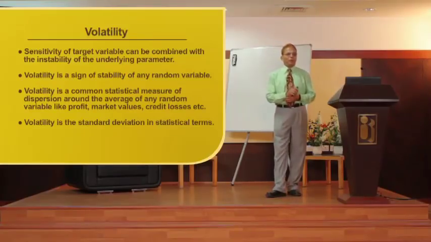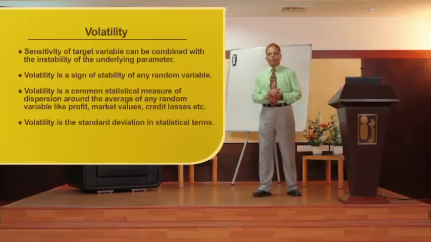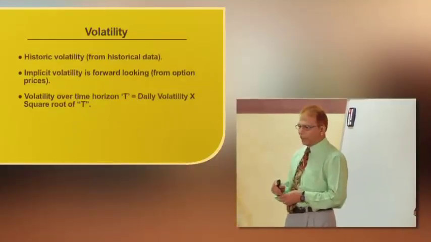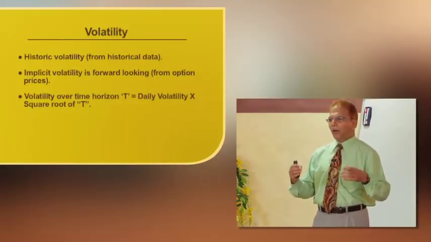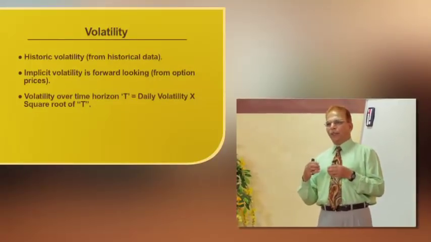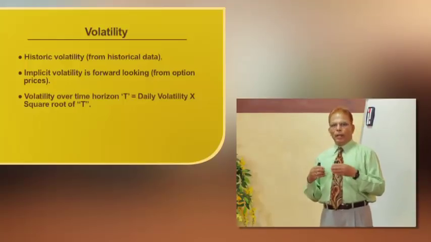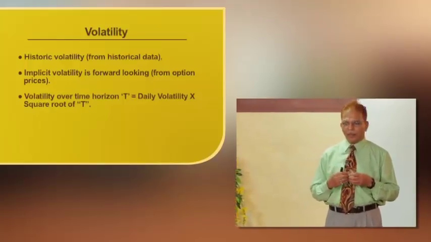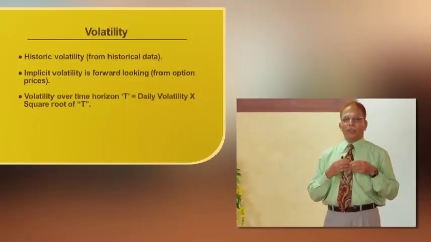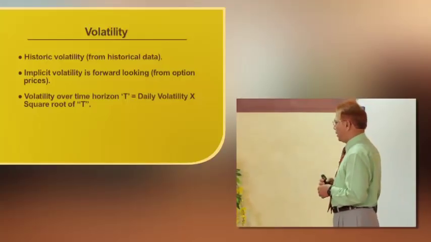There are two types of volatility. How do you measure volatility? We can measure volatility based on the historical experience. Suppose I have a record of all the profits out of a particular portfolio, and if I measure those returns on a daily basis, I can find out the historical volatility.